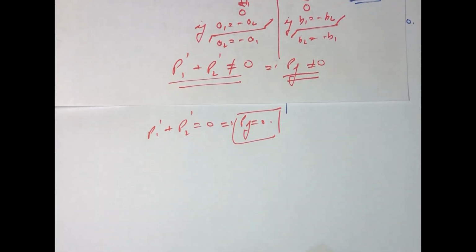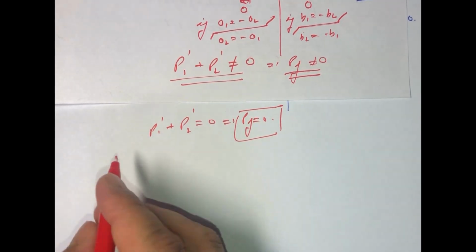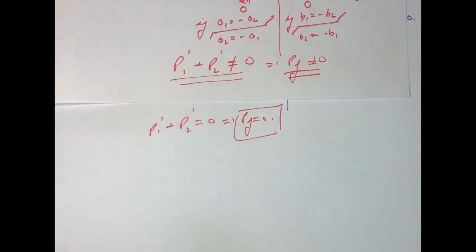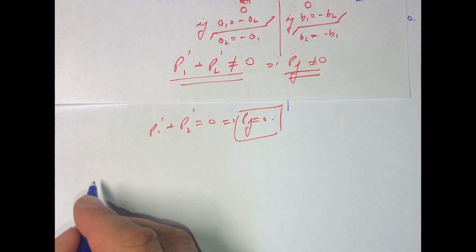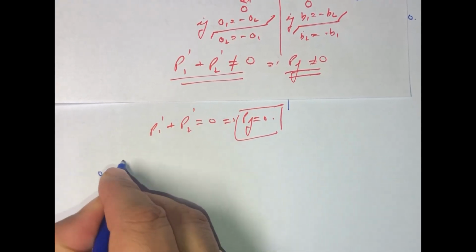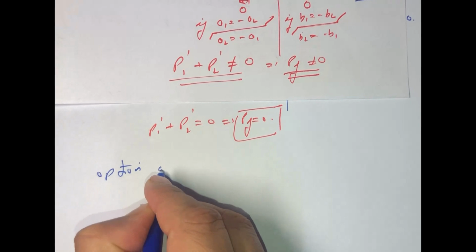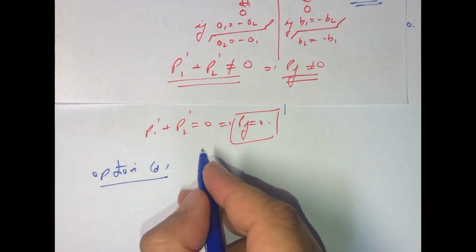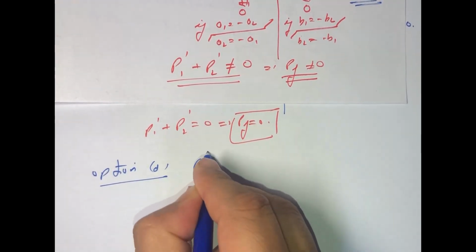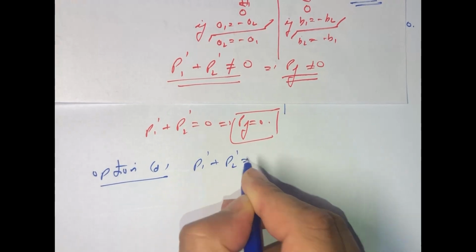And now next is our option number D. We write this as p1 prime plus p2 prime.